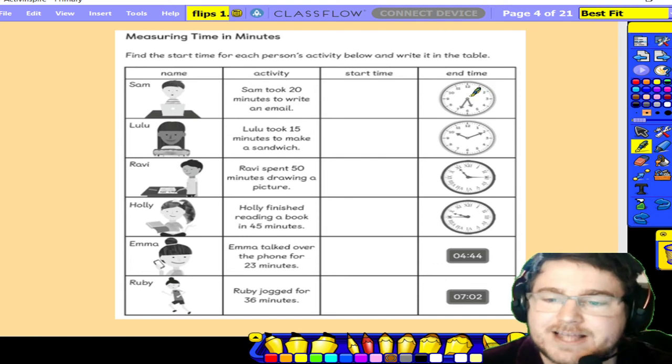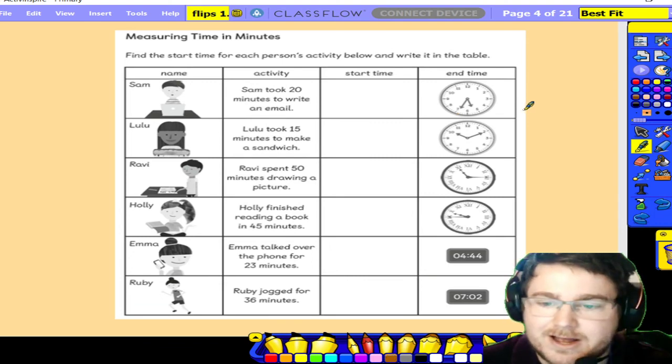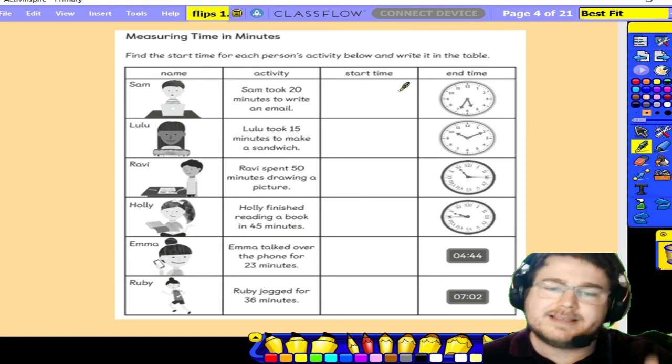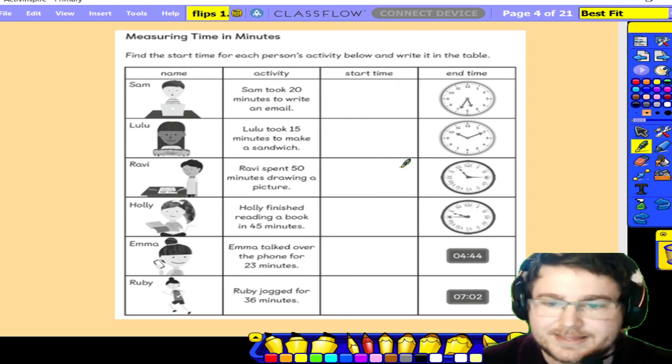So he finished at, I would argue that's there. So I would probably say that is 5:34. Okay, I'd use a number line and count back 4 times in 5s to get that answer.